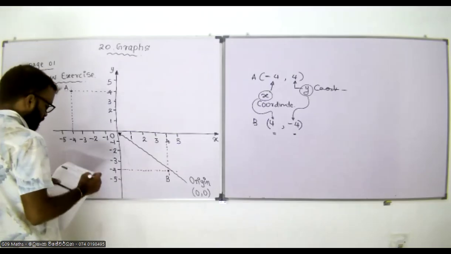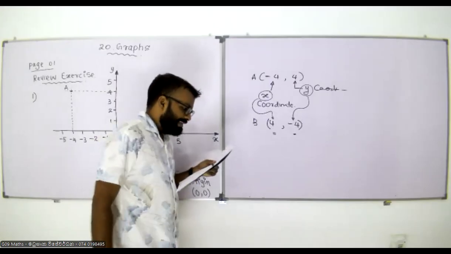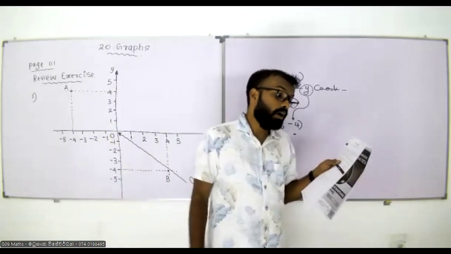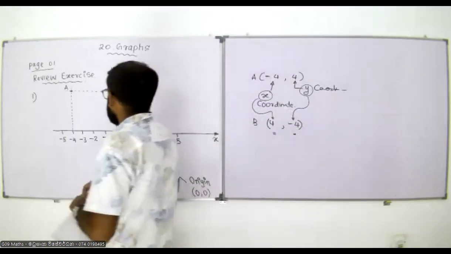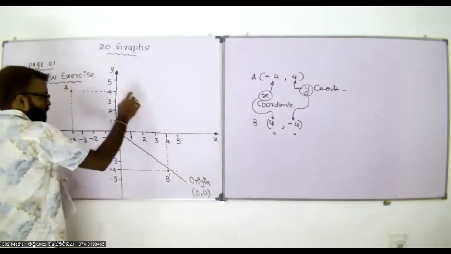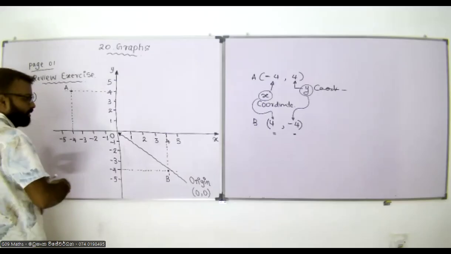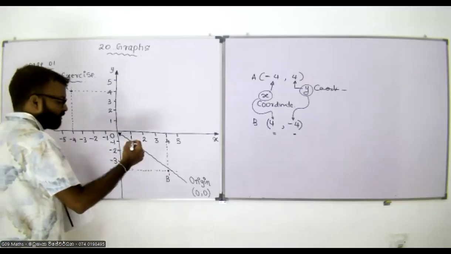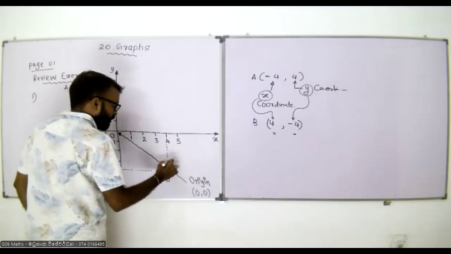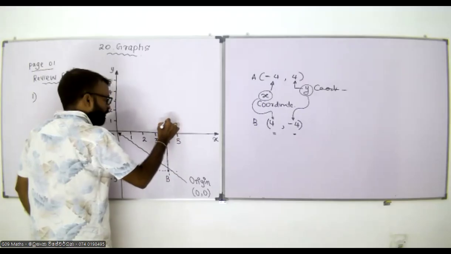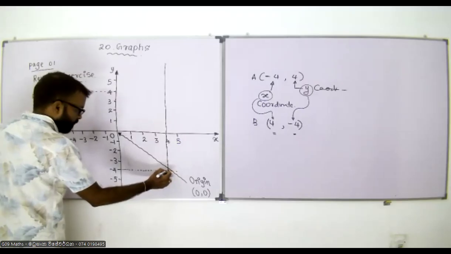Then what they are saying is mark the points C and D such that ABCD is a square, and write the coordinates of C and D. So what you have to do is just extend these lines by using your ruler, vertically and horizontally.